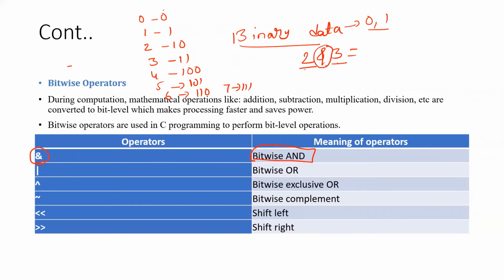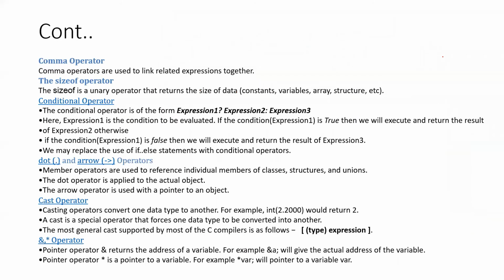These are the binary values. Bitwise operators will work with binary values. If I mention 2 and 3, 2 is 1 0 and 3 is 1 1. So I am applying bitwise AND to both.